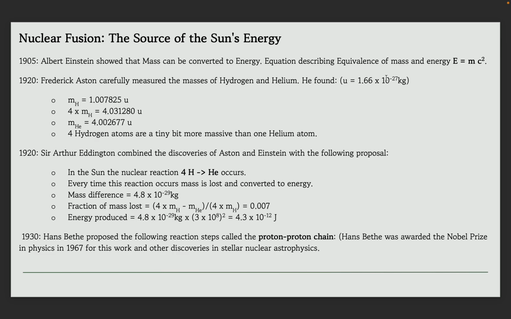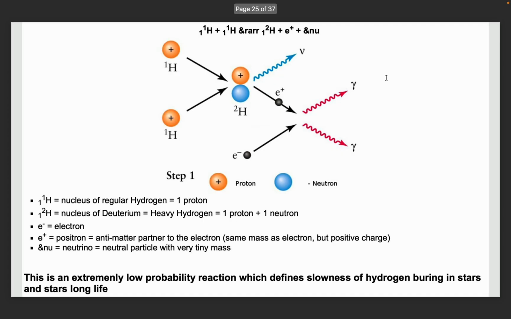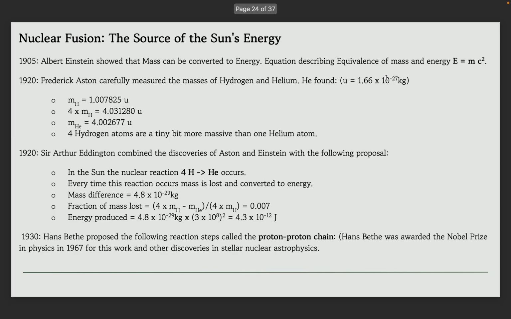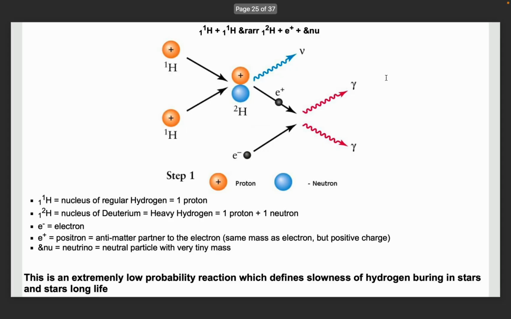Bethe proposed the following reaction steps, called the proton-proton chain, that is the PP chain. Bethe was awarded the Nobel Prize in 1967 for this work and other discoveries regarding stellar nucleosynthesis, that is how the elements are produced inside the stars. The proton-proton chain reactions are like this.